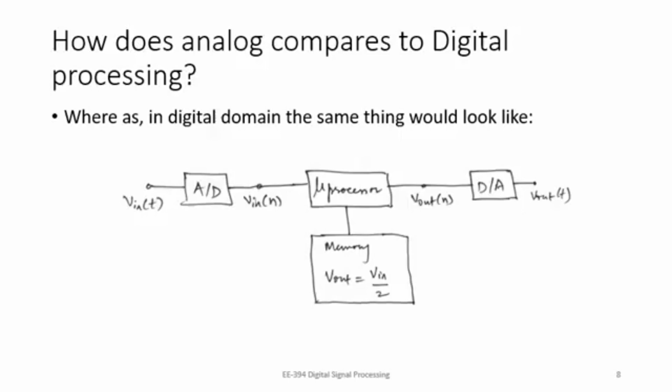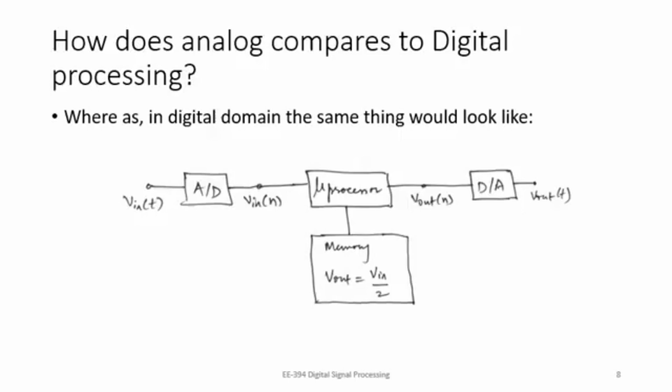If needed, it goes through a digital to analog converter, and you get the voltage output, and this output will be in a very similar form as we saw in the previous analog circuit, that this output will be half the value of whatever the input was.